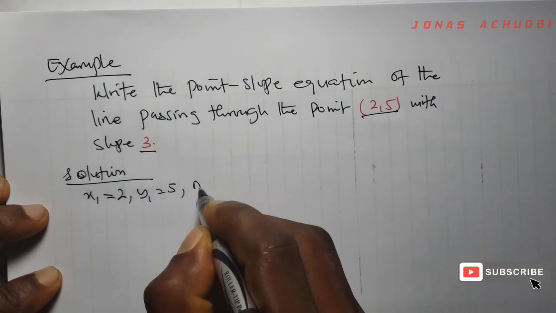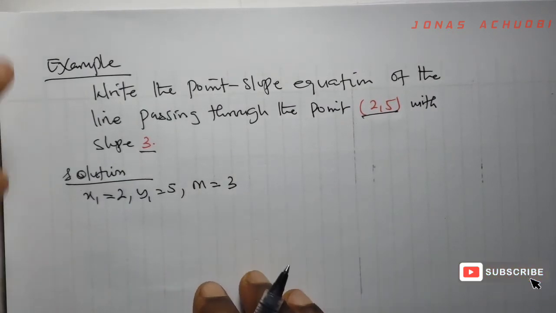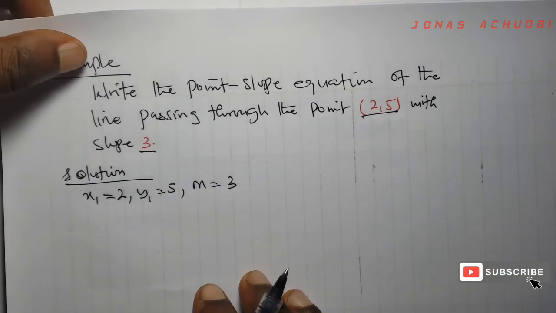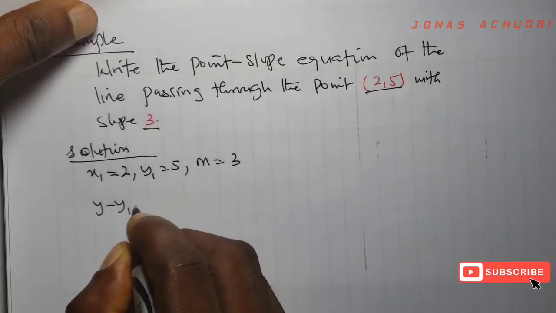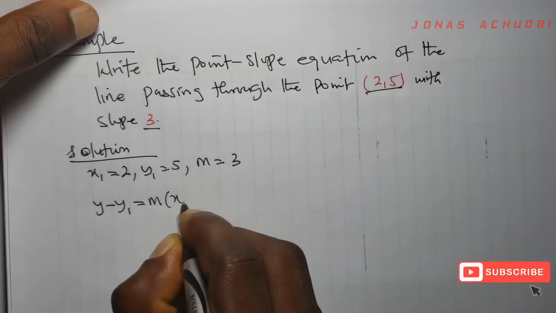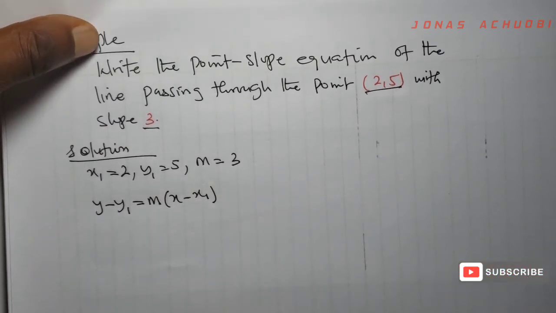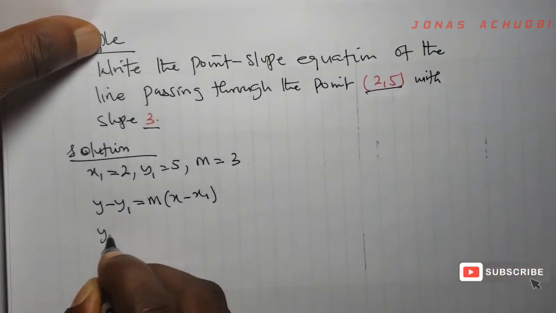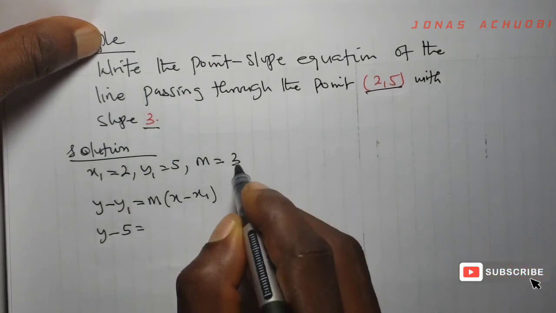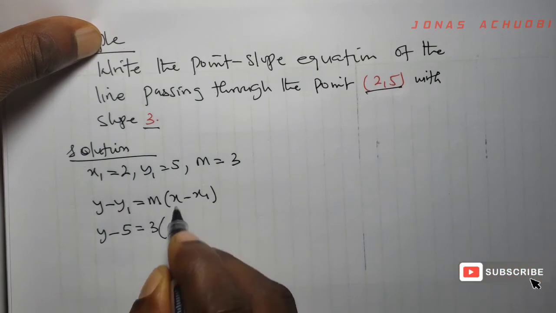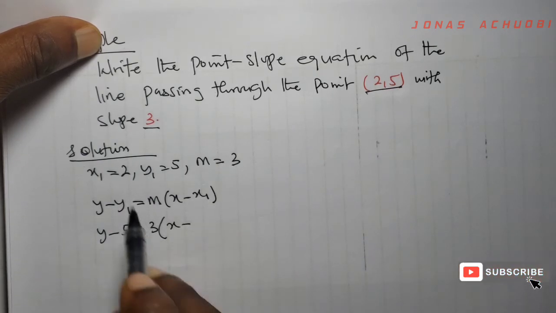I am given the slope m as 3. Now the point slope equation which we just derived is y minus y1 equal to m into (x minus x1). So this gives us y minus 5 equal to 3, the slope, into (x minus 2).